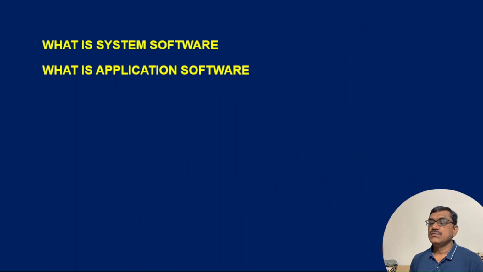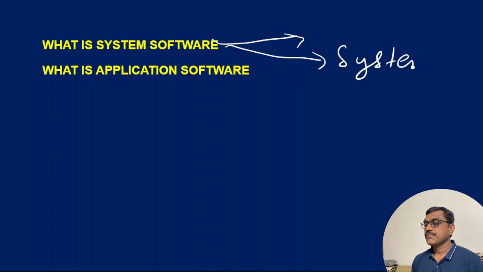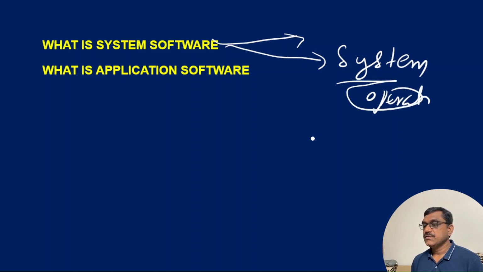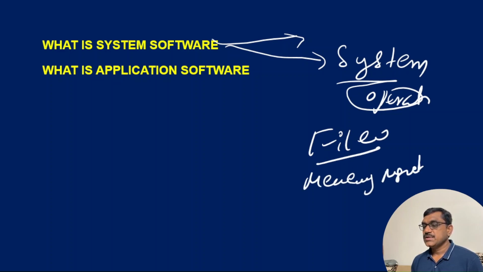Let us discuss what is meant by system software and what is meant by application software. System software, as the name itself suggests, is software which is used for system operations. System operations mainly deal with file saving, memory management, file management, process management, and also the drivers.